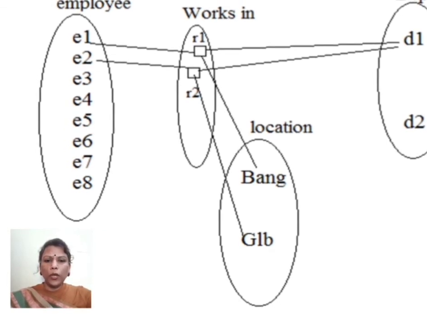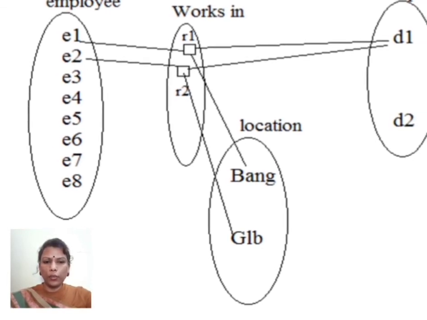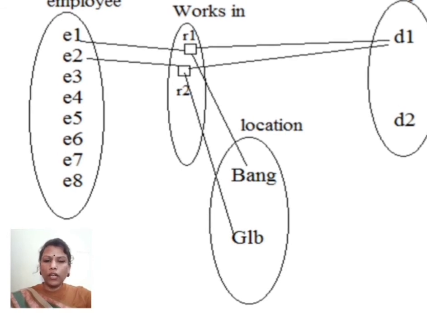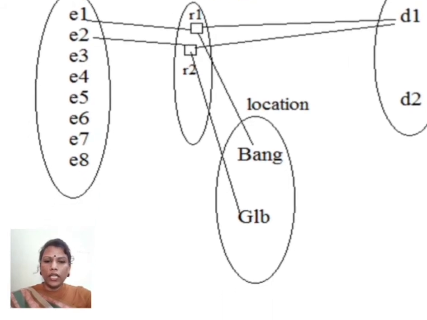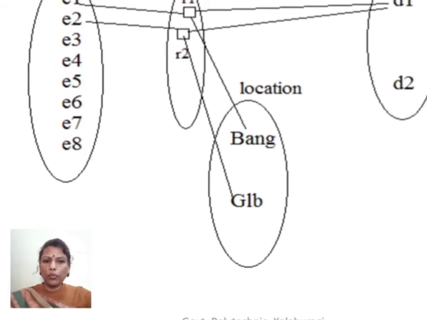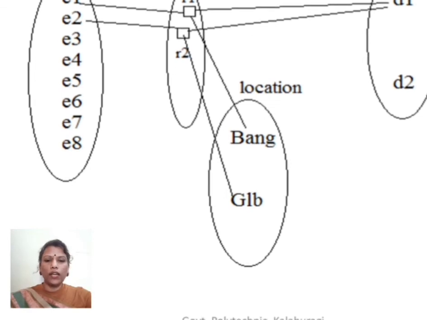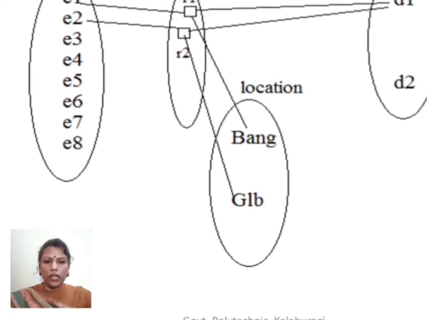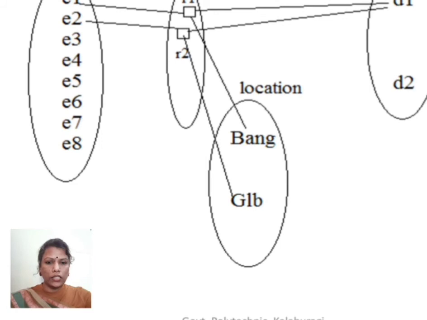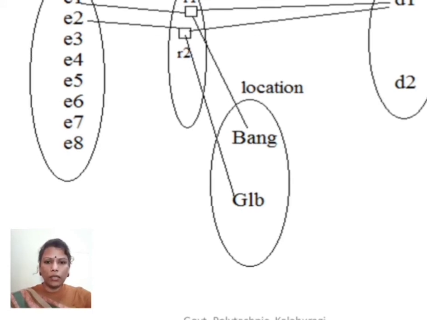Employee E1 is associated with department D1 and also location Bangalore. That means employee E1 works for department D1 and works in the location Bangalore. So for the single R1, 3 entities are participating from 3 different entity types.